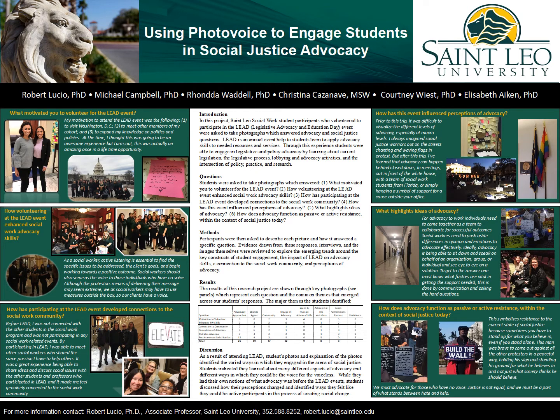And as a result, the students' photos and explanations of the photos identified ways in which they engaged in the arena of social justice, indicated that they learned many different aspects of advocacy in ways that they could help the voiceless have a voice, and discuss how their perceptions changed and identified ways that they felt like they could be active participants in the process of creating social change.